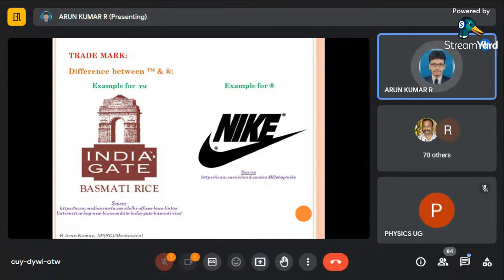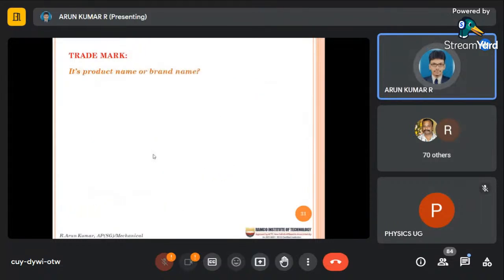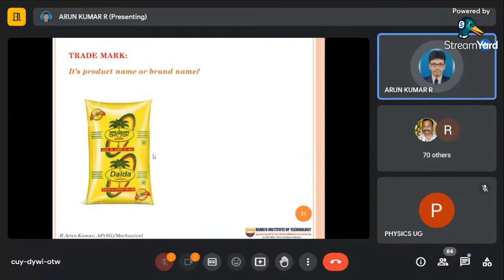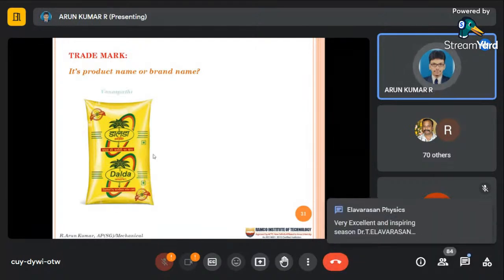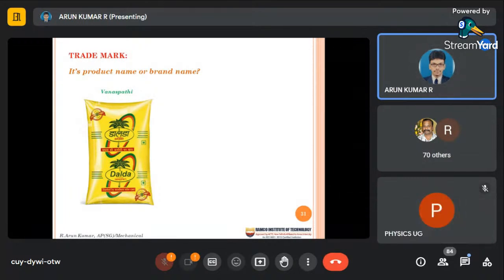Now I'll tell you the value of this trademark. I'll show you a list of products. Try to identify the name of those products, I mean the product name. Here you can see the image of this yellow packet, right? The actual name of this product is Vanaspati, but conventionally we call it Dalda.